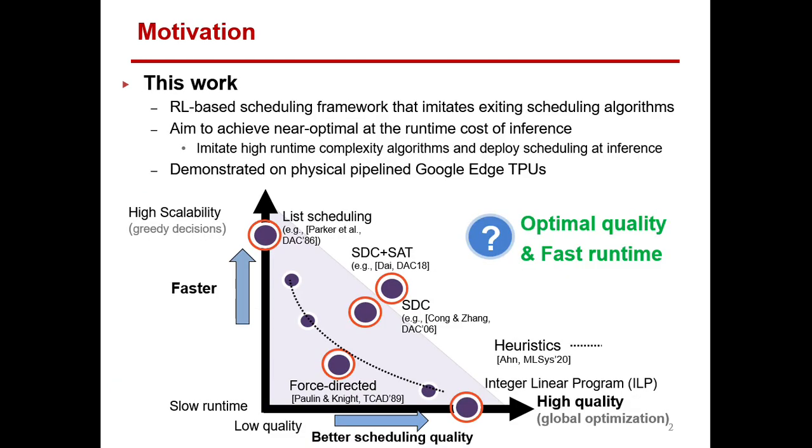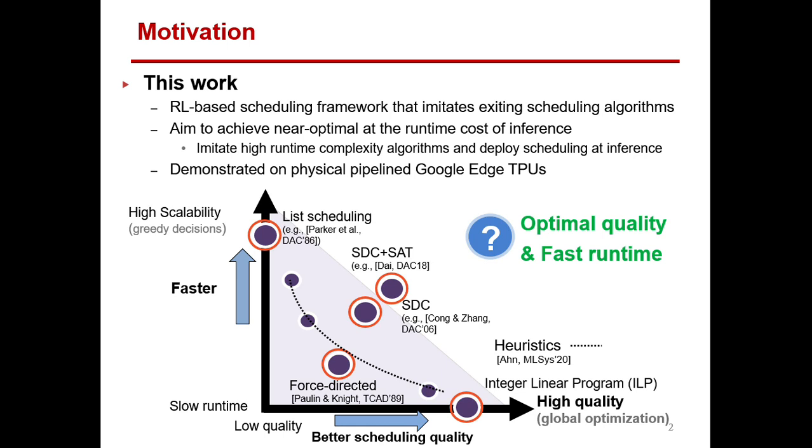This figure illustrates several widely used graph scheduling algorithms. The heuristic method can solve the problem within several seconds. However, the solution is non-optimal. In contrast, the exact method can generate the optimal solution with a high solving runtime overhead.